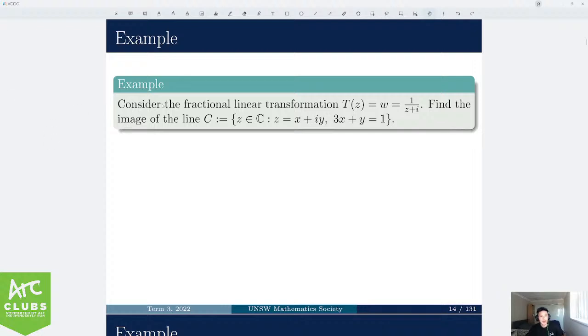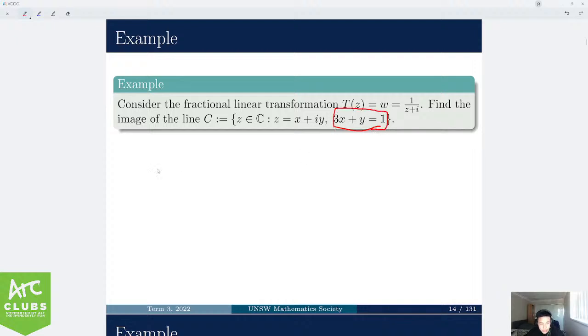Okay. Now consider the fractional linear transformation T(z) = w = 1/(z + i), and we want to find the image of the line 3x + y = 1. Now the game here is we want to use this rule.